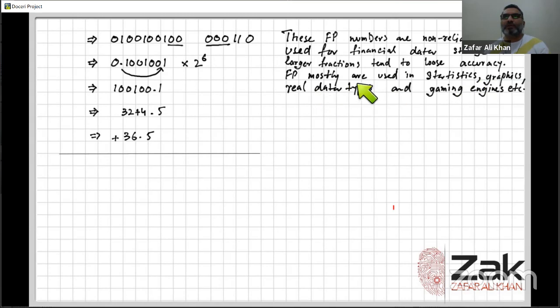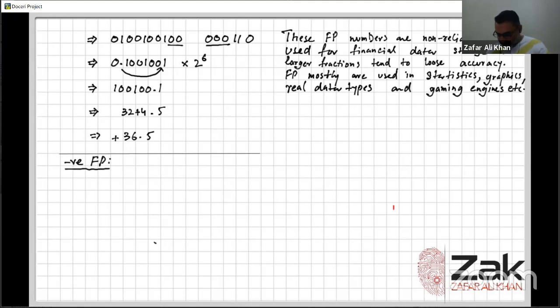Floating point mostly is used in stats, graphics, real data types, and gaming engines, etc., where exact perfection in fractional numbers is not required, and we have liberty to round off numbers. If we don't have liberty to round off numbers, then we cannot use floating point. Otherwise, we have to use fixed point in BCD form. Now, so this was from binary floating point number to denary real number.